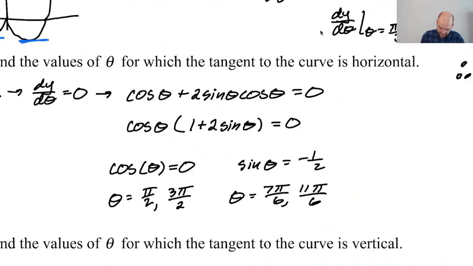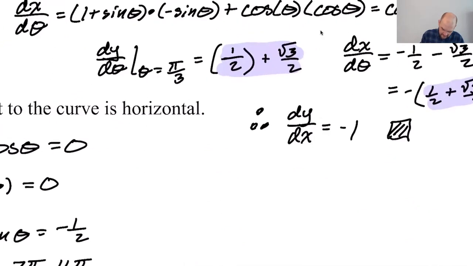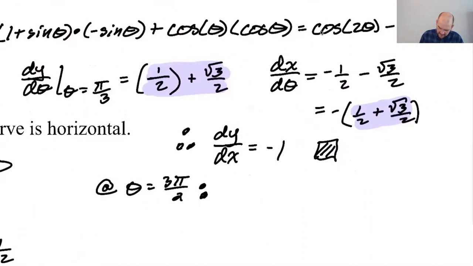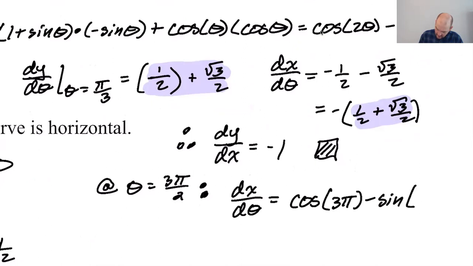Let's check dx d theta at 3 pi over 2. So at theta equals 3 pi over 2, dx d theta equals, I get the cosine of 3 pi, I'm just plugging in here, cosine of 3 pi, and then minus the sine of 3 pi over 2.